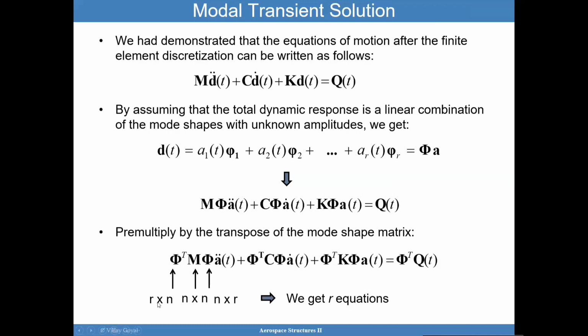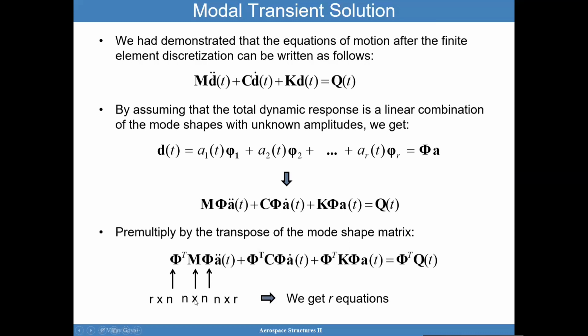I get that these are R by N, and R is the number of modes I'm selecting, the truncated set. So if I have a million degrees of freedom, I have millions of mode shapes, but I plan to use only the ones I think matter. So I'll use maybe 5. So this right here is 5 times millions of degrees of freedom.